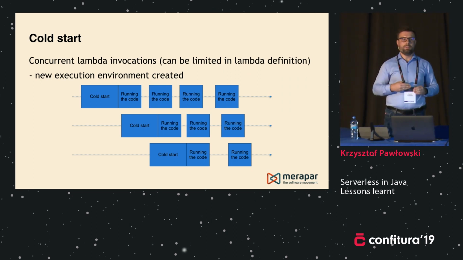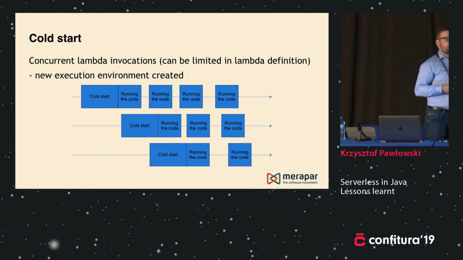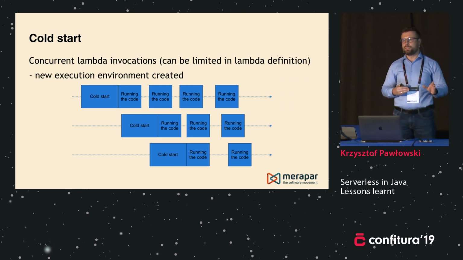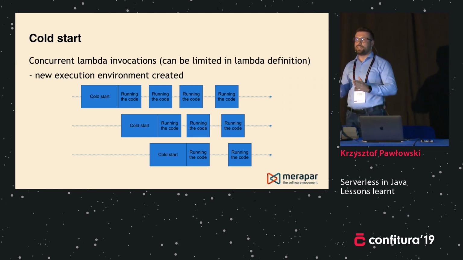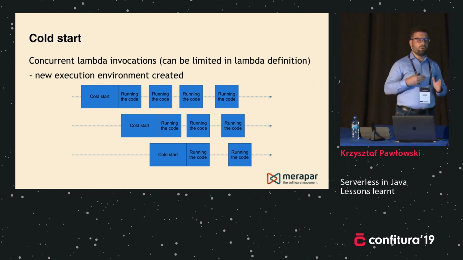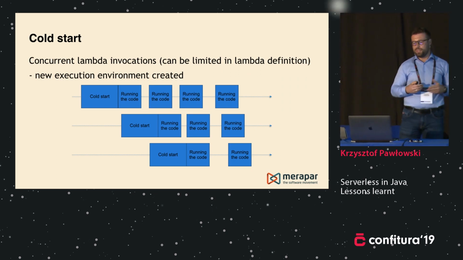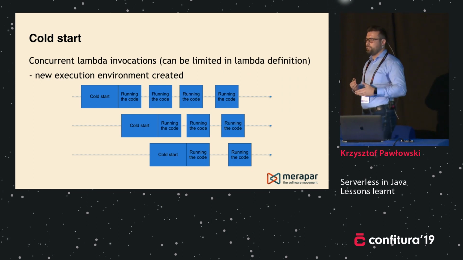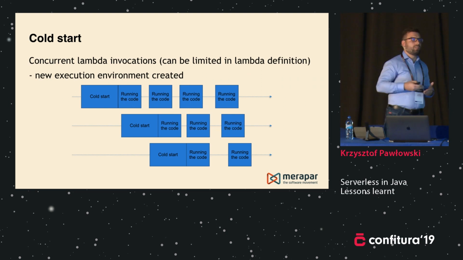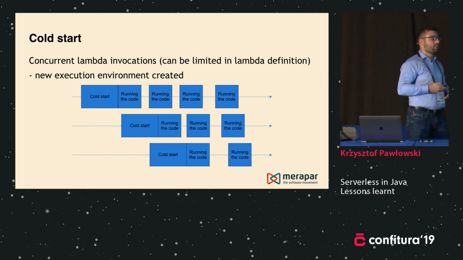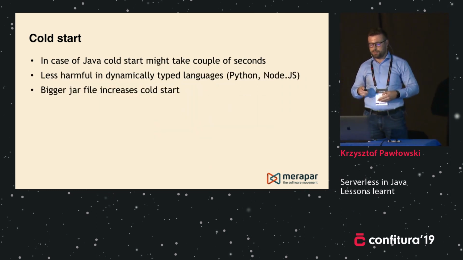So you need to keep in mind when designing your serverless solutions that cold start is not only the first execution of your Lambda function. It's every execution after some period of time and also every concurrent execution. Of course, in this situation, we have 3 execution environments up and running. So then we can again start 3 Lambda functions and we won't experience cold start for those 3 Lambda functions.